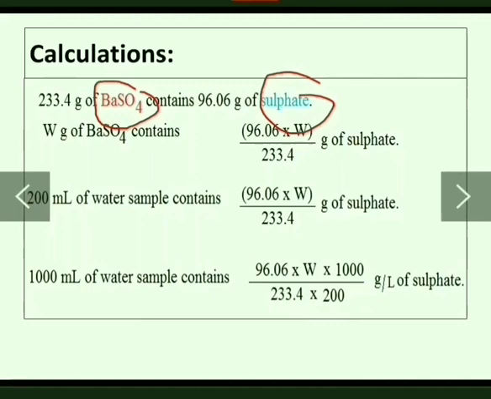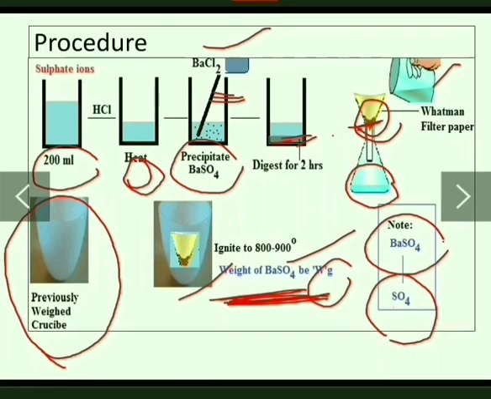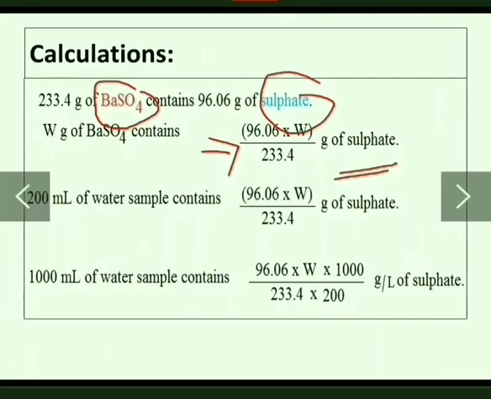Let's calculate. W gram of barium sulfate contains how much? Cross multiply, we get 96.06 into W divided by 233.4 gram of sulfate. What is the volume of water sample taken? Volume of water sample is 200 ml. So the 200 ml of water sample contains 96.06 into W divided by 233.4 gram of sulfate.